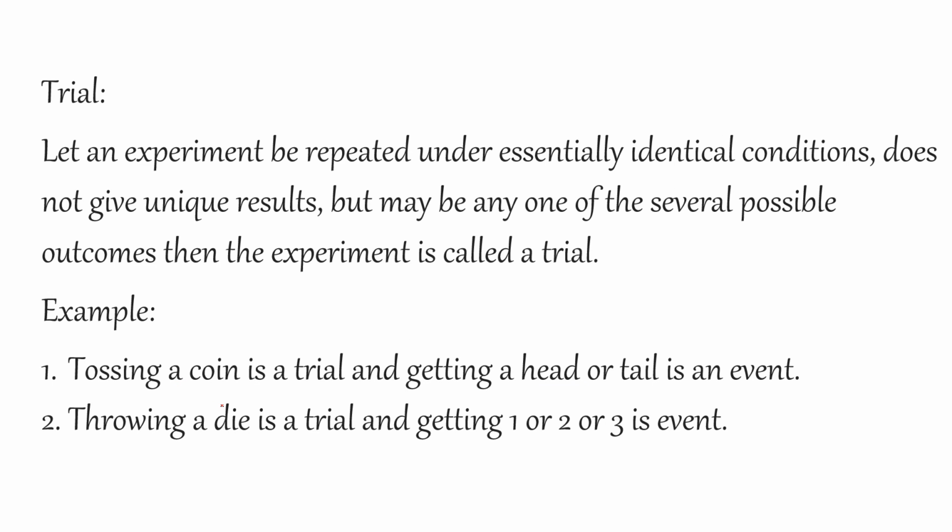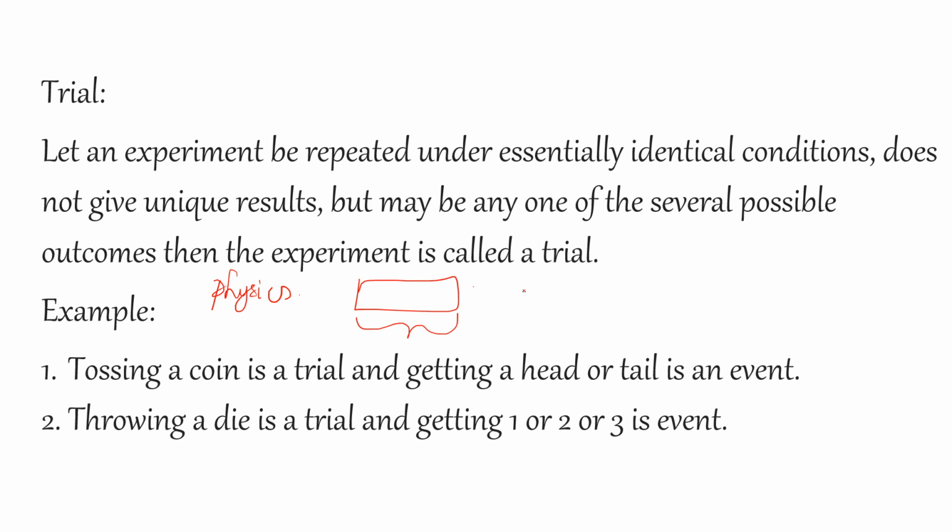Okay. Trial means what? If you conduct some experiment, I'll give you one small example. In the physics lab, I want to measure the length of one wooden piece. What will you do?